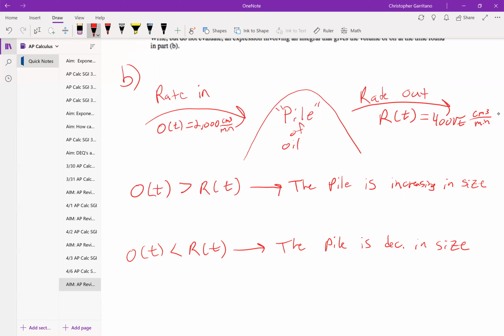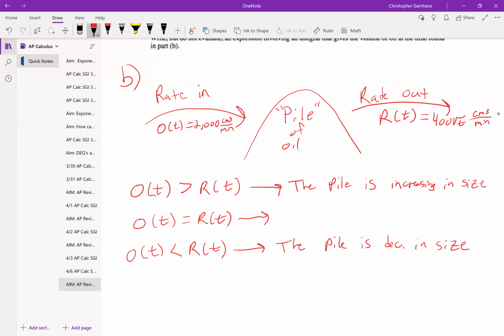So we have an idea that we know when this pile will be increasing, we know when it will be decreasing. And so if we can find the exact moment when O of T is equal to R of T, this is when the pile will neither be increasing nor decreasing in size.